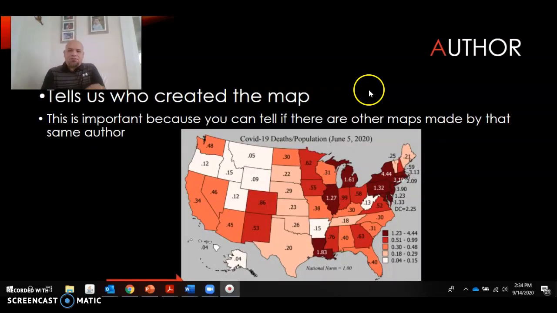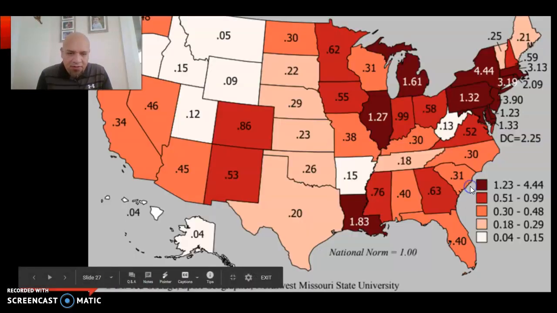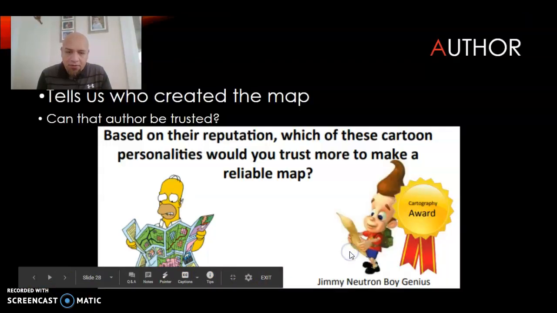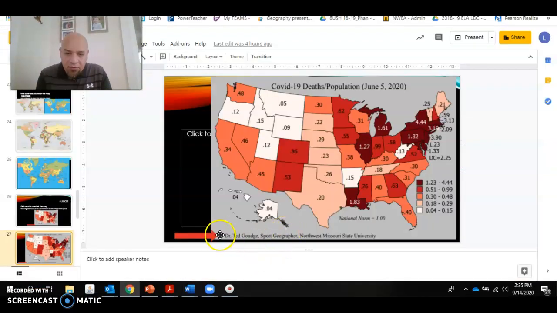The A stands for author. The author is important because it tells us who created the map. This is important because you can tell if there are other maps made by that same author. For example, I don't think this shows up really well here, but right here you have the name of the author.